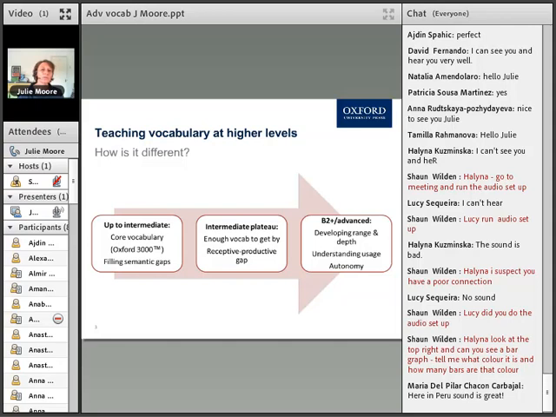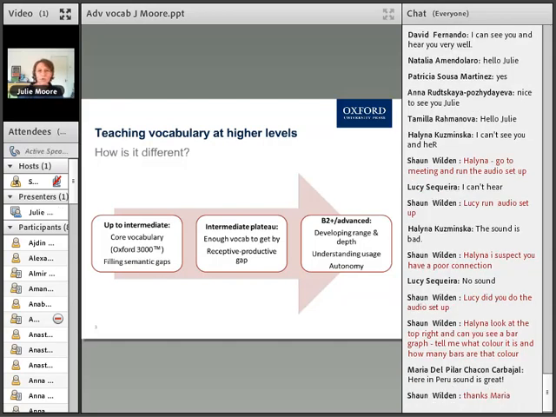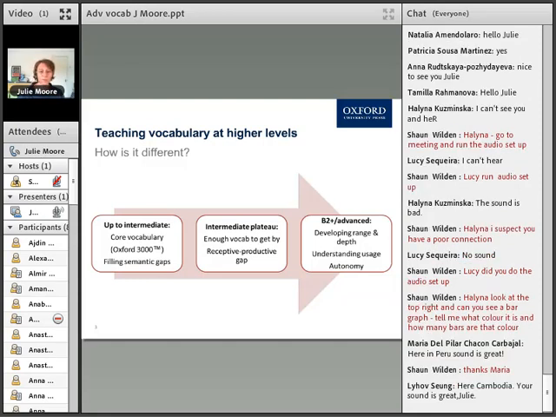So they don't use those words in their own writing and speaking because they don't need to, because they can rely on this comfortable, basic core vocabulary that they're familiar with, and they just keep using the same words and expressions rather than pushing and taking risks with the new vocabulary. So we start to see a gap opening up between the receptive vocabulary, the words they recognize, and their productive vocabulary, the words they're actually using themselves. And this is a challenge.